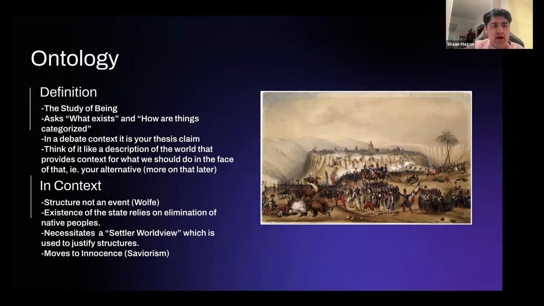So in context, what settler colonialism states is that settler colonialism is not just an event that happened. It's not just that states came and they colonized certain places, but rather it's a structure that continues on until today. That comes from Patrick Wolfe, who's also a great reading recommendation if you have time. What this means is that the mere existence of the state today, and this does not just mean the United States, but any settler colonialist state, relies on the elimination of native people and the constant elimination.